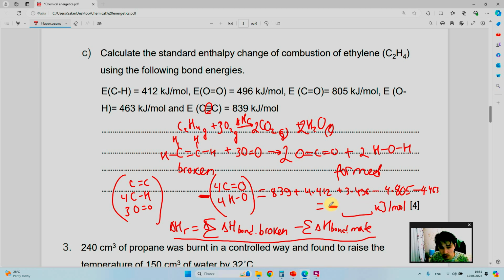Third mark for the appropriate sign, and the last mark for your units. As you see, all of these parts are important in your answer, so please follow it. Alright, if you do the routine calculations, you must have this value, negative 1097 kilojoules per mole.